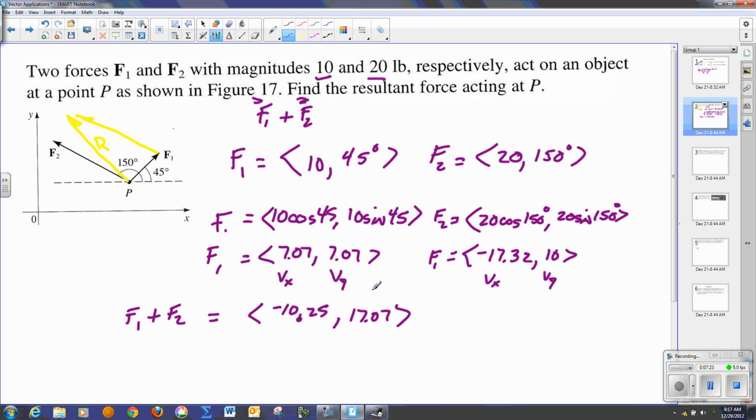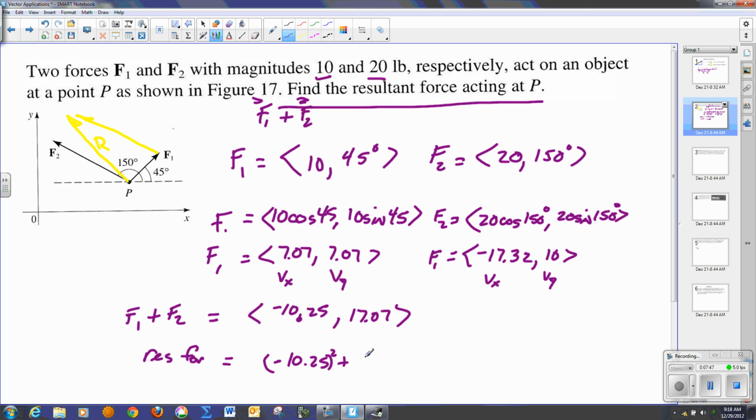Now, if I want the resultant force, they didn't ask for the component form of that. They asked for the magnitude of that. So the resultant force is equal to the magnitude of this. So I have to take 10.25, square it, and that's a negative.